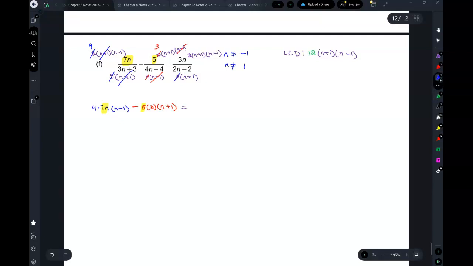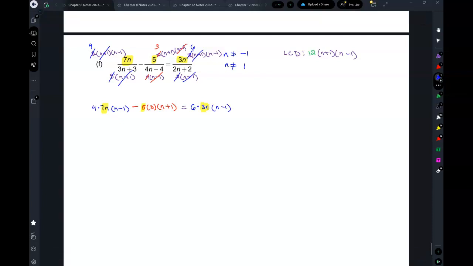So now, this is equal to. Right, so the 2 and the 6 and the 2 and the 12 reduce to 6. And then the n plus 1s go away. So I have 6 times the 3n from here goes down here times n minus 1.